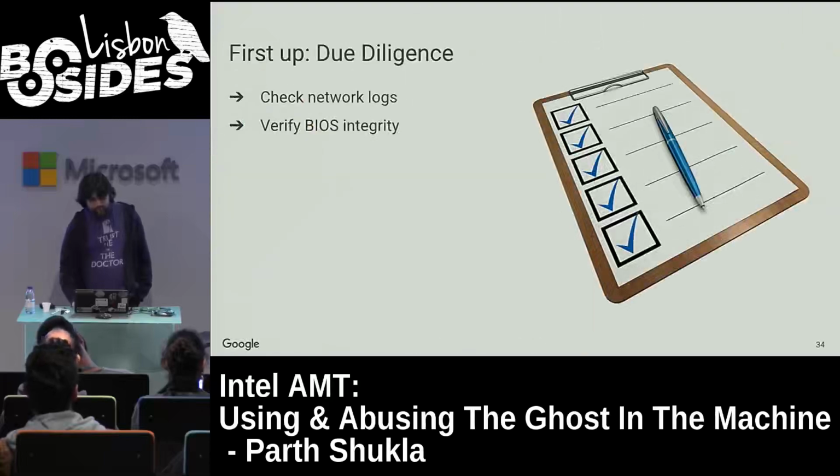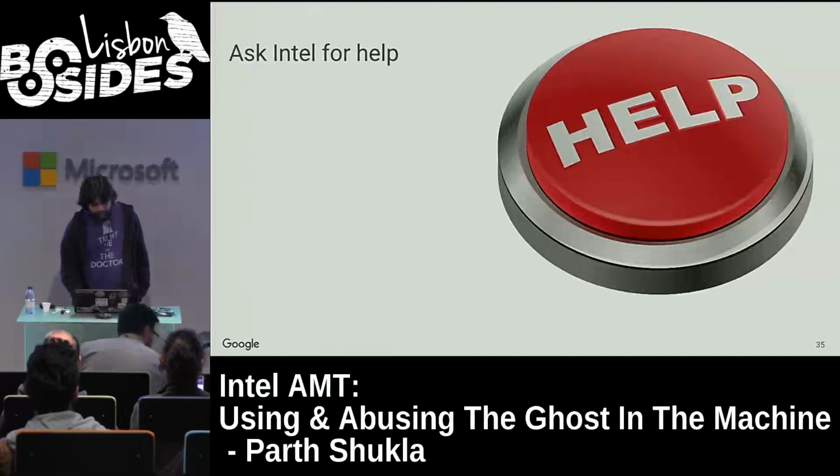Things look good enough to close, but you have this nagging feeling of, well, how did this get provisioned if nothing suspicious has ever happened? So I reached out to the AMT team and asked how I could do forensics. I had a quick meeting and found out that no one had asked about this before.